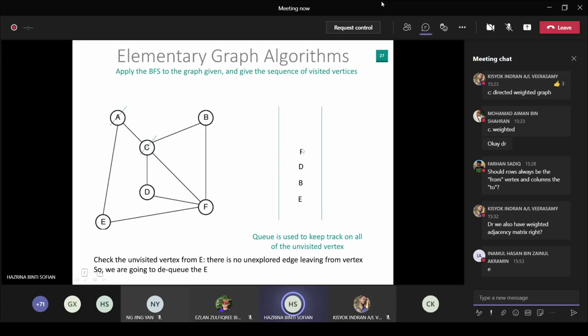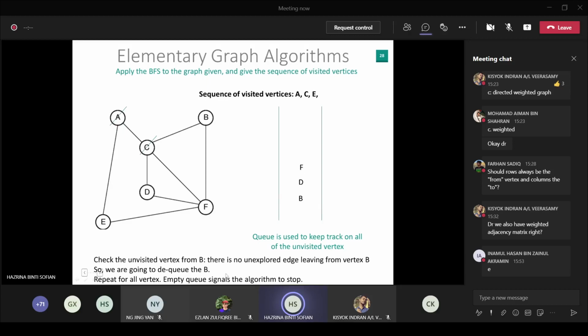F we can consider is already in the queue, we already enqueued the F. Okay, so since we have enqueued F, we can dequeue the E. So it's considered that we have visited the E. Next we check the B. So again, B has edges to C and to F. Okay, C we already visited, F is already in the queue.